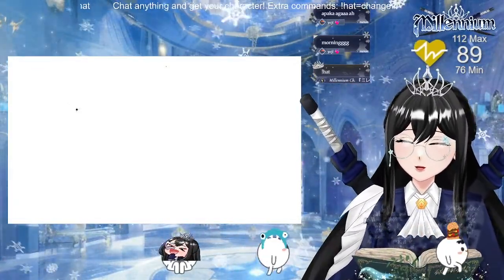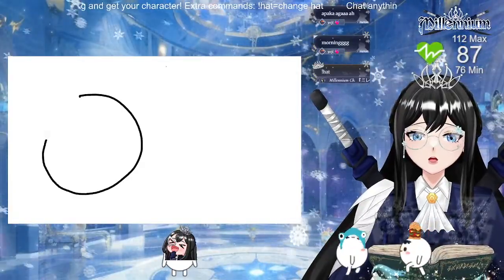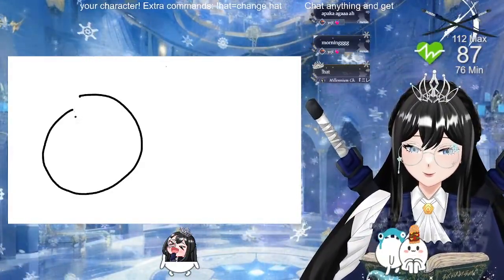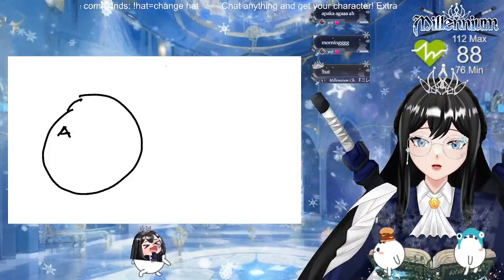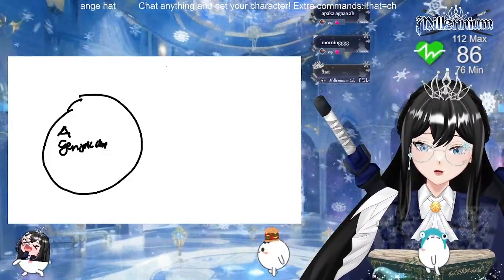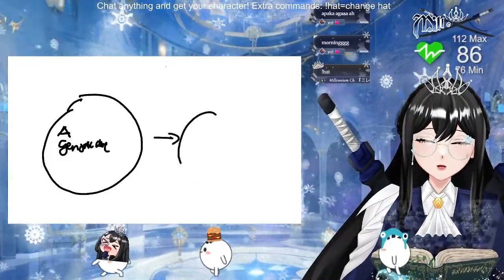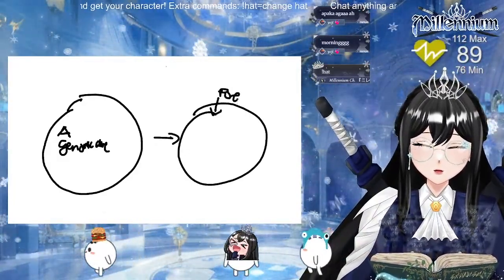What does that mean? One moment. This is the adenovirus genomic clone, and then we clone it but add a foreign gene over here.